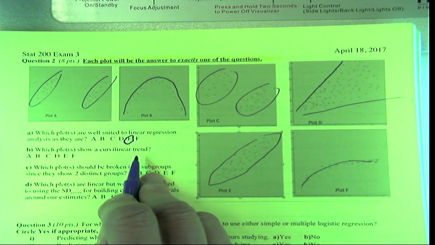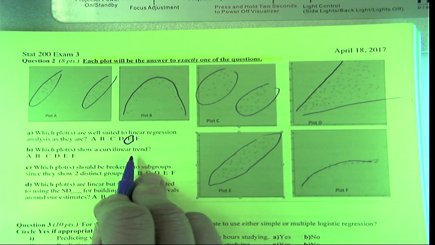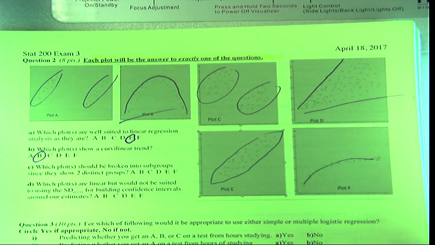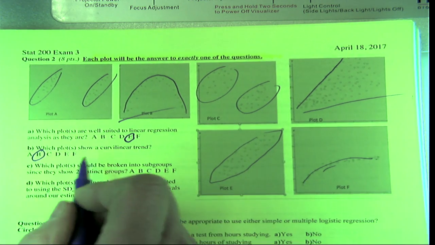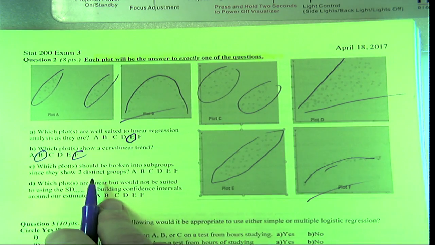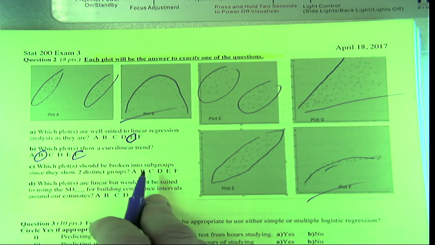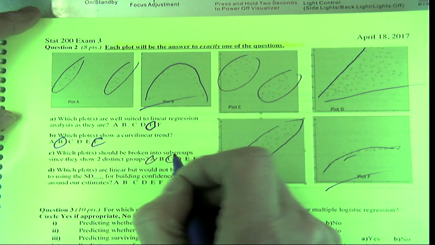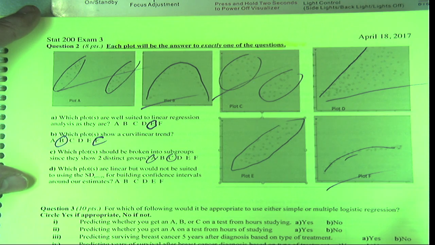Now which ones show a curvy linear trend? Well, certainly that one, and that one too, because that does. So we won't use those again. Which plots should be broken into subgroups since they show two distinct groups? That's an easy one, A and C. And which plots are linear?